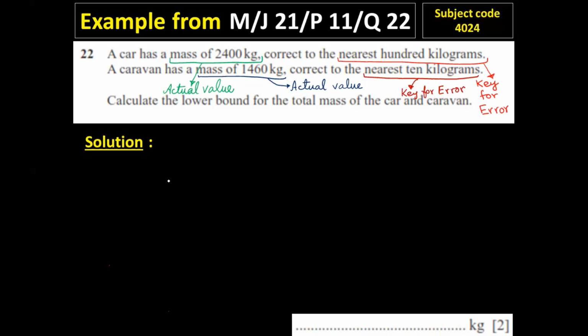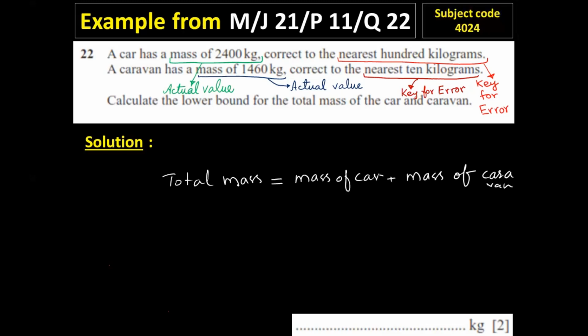So I'm going to write here: total mass of car and caravan will be the sum of mass of car plus mass of caravan.